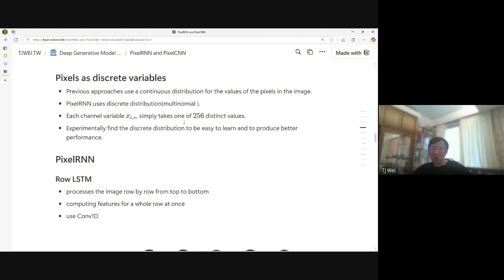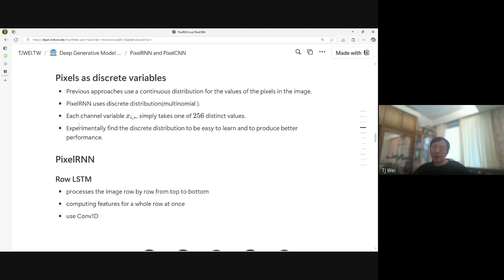In the whole PixelRNN and PixelCNN, they consider these variables totally discrete. They use cross entropy as the loss function and consider nothing about the topological structure of the values.